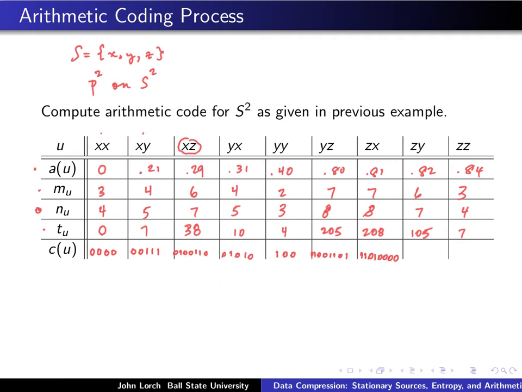Binary representation of 105 of length 7 is 1, 1, 0, 1, 0, 0, 1. And then finally, binary representation of 7, this time of length 4, which would be just 0, 1, 1, 1. Okay, so these objects are the code words that we seek in our arithmetic code. Like this one, for instance, is the code word that we would associate to YY.